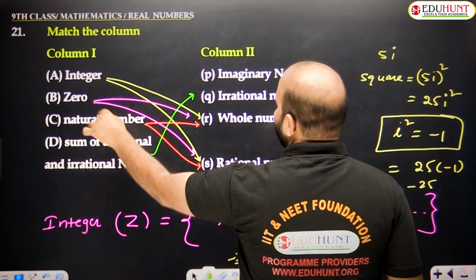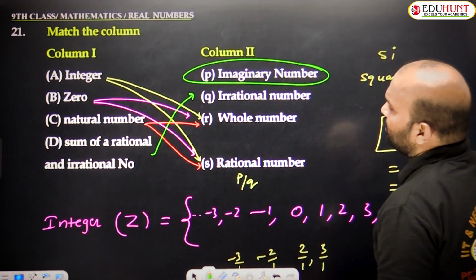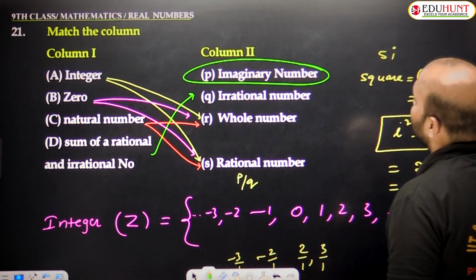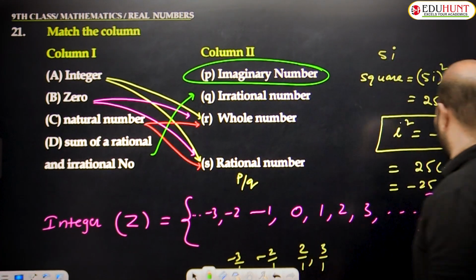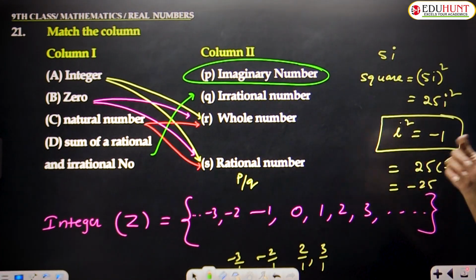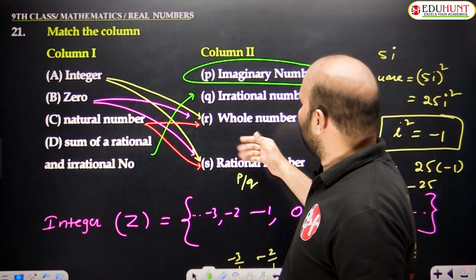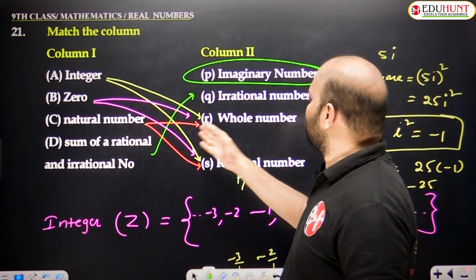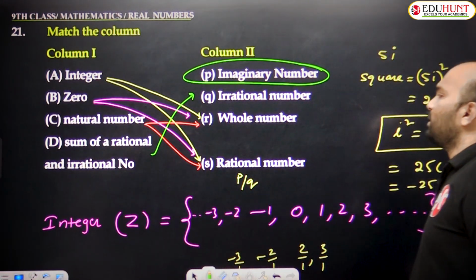Here the imaginary number is different, so nothing follows the imaginary number. This type of matching is important in matching columns. Am I clear? So integers are whole numbers and rational numbers. 0 is a whole number as well as a rational number. Natural numbers are whole numbers and rational numbers. The sum of a rational number and an irrational number is an irrational number.